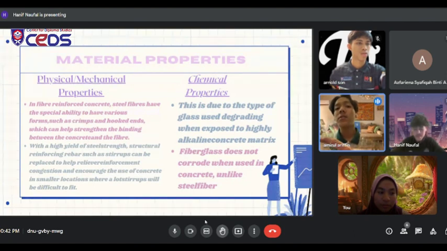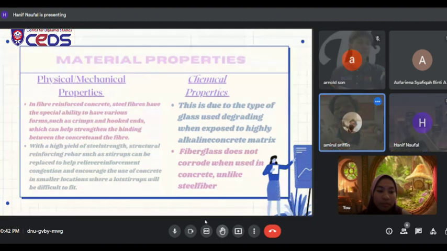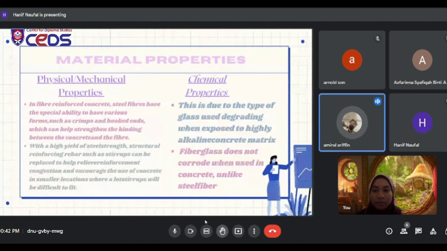With a high yield strength, structural reinforcing rebar such as steel can be replaced to help reduce reinforcement congestion and encourage the use of concrete in smaller locations where a large steel bar would be difficult to fit.